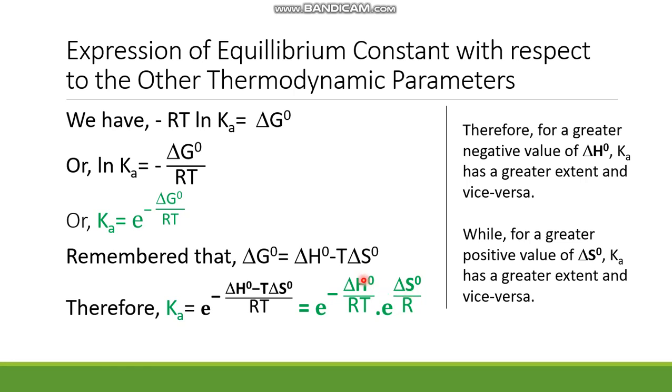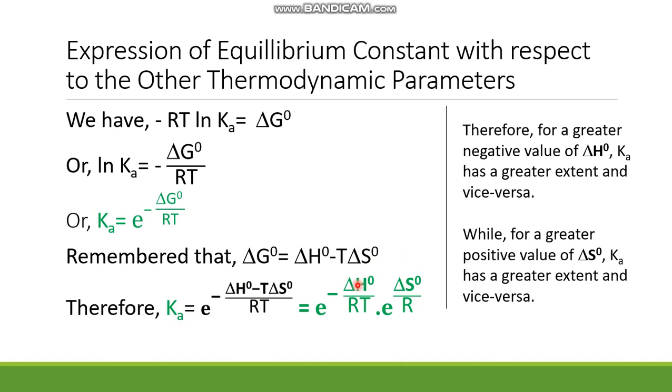That means if delta H0 is less negative or delta S0 is less positive, the Ka value would be lesser. That means the reaction would not move towards the forward direction, and the production would be lesser. These are the conclusions that can be drawn from this.